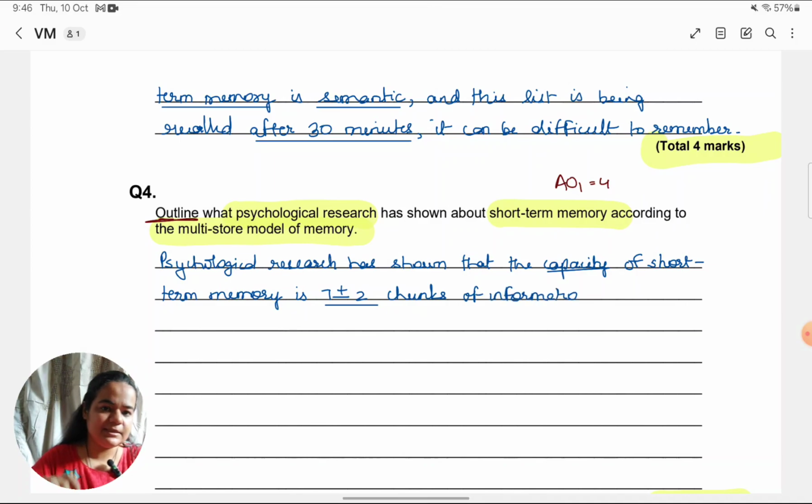This is what research has shown. This is the exact finding I have written, but it is worth 2 marks. So I can give one more point for elaboration.